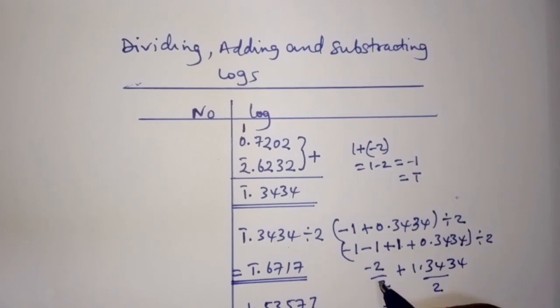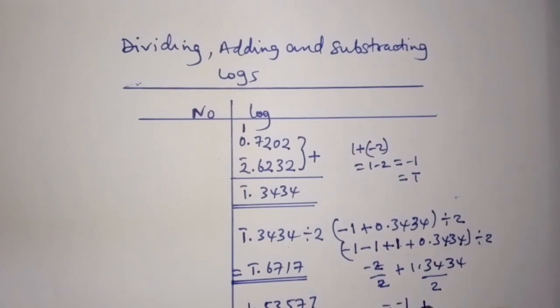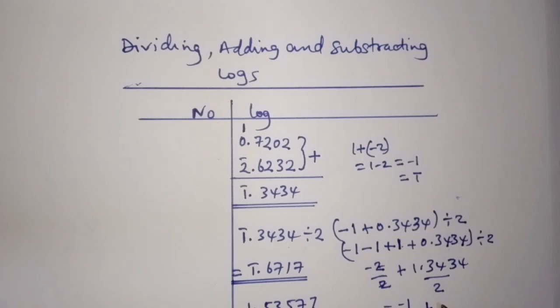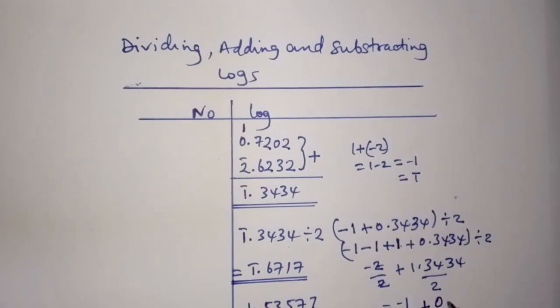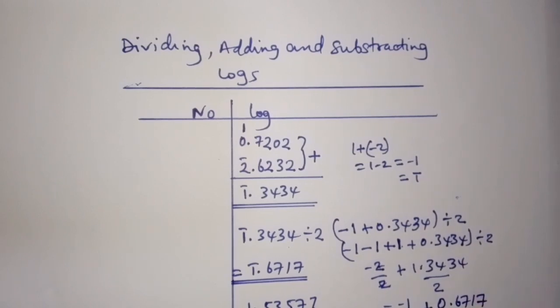So this is giving us negative 2 divided by 2, that is giving us negative 1. Negative 1 plus 1.3434 divided by 2, we end up having 0.6717. So here this is giving us a negative 1, which is bar 1.